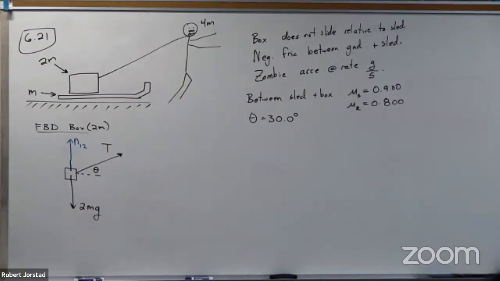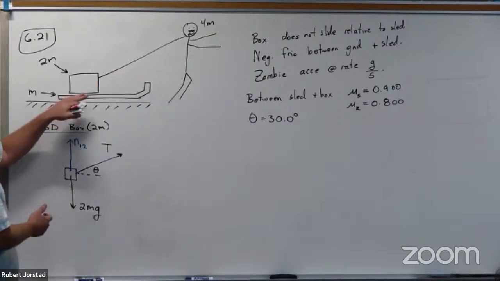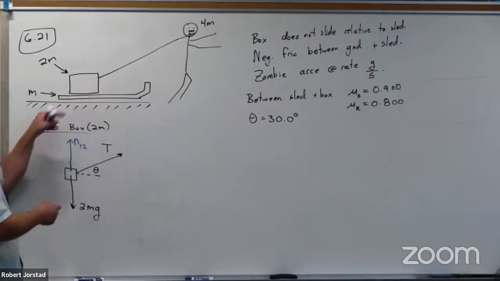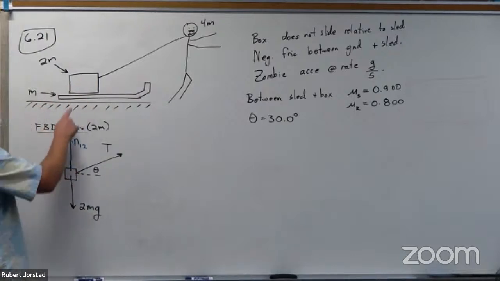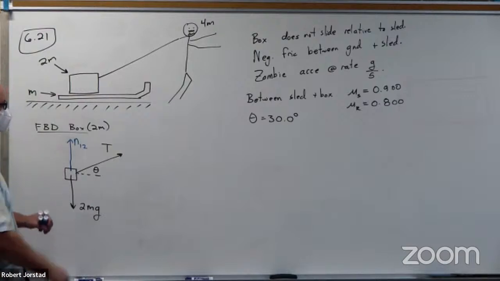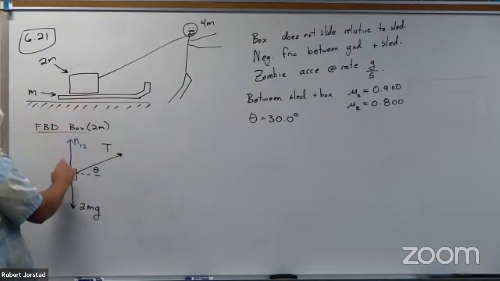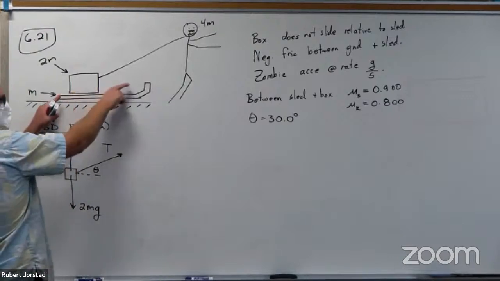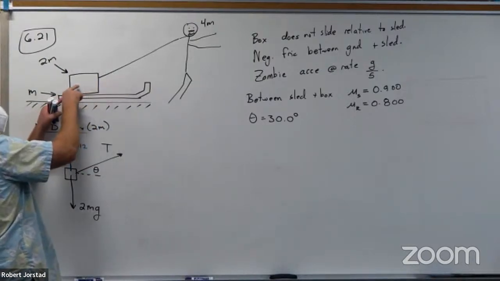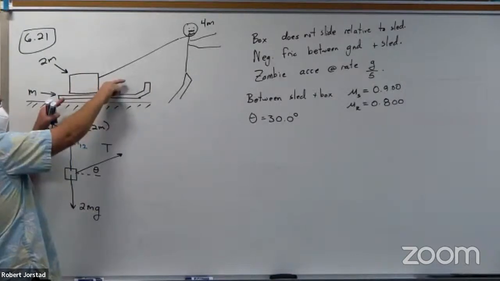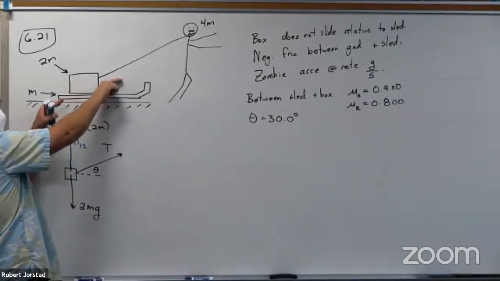Friction, F12. Which way? No, to the right. Well, let's think. If there was no friction between here, which way would the block move relative to the sled? Again, pretend there's no friction. Friction points opposite the relative motion. This block is trying to go that way relative to the sled. The sled is holding it back.